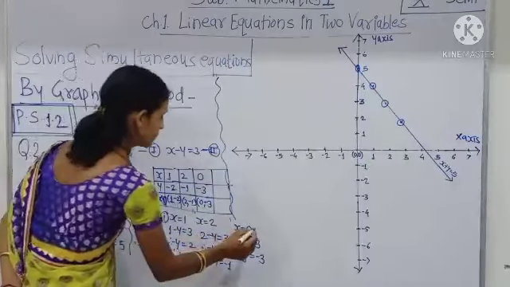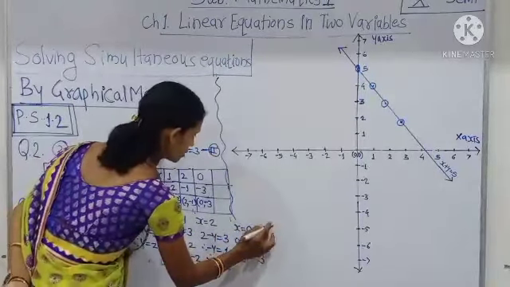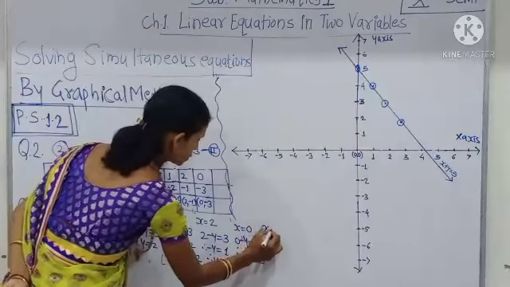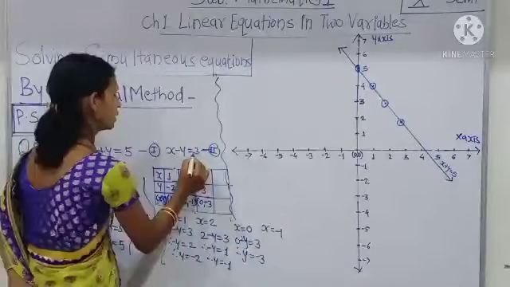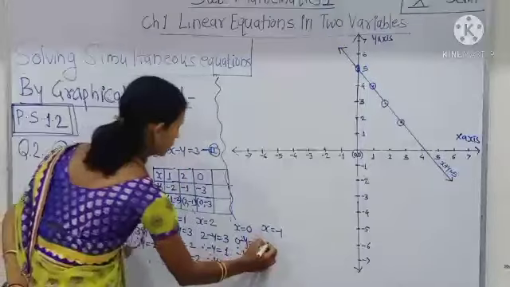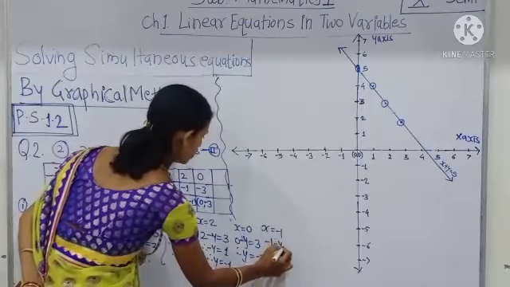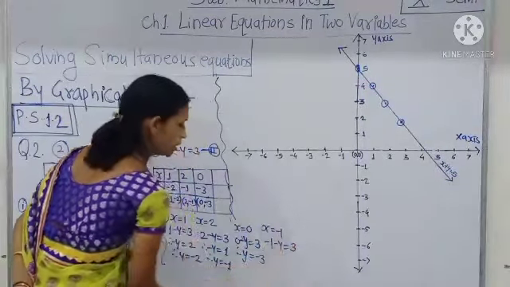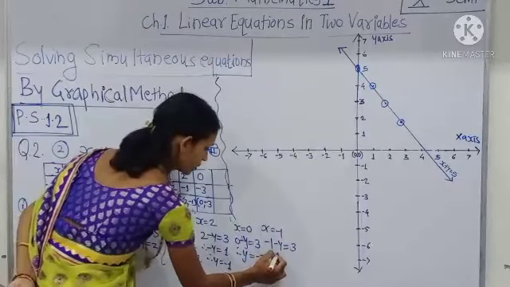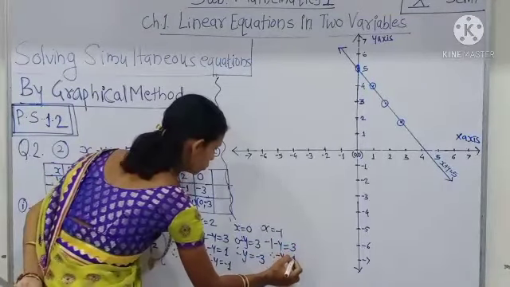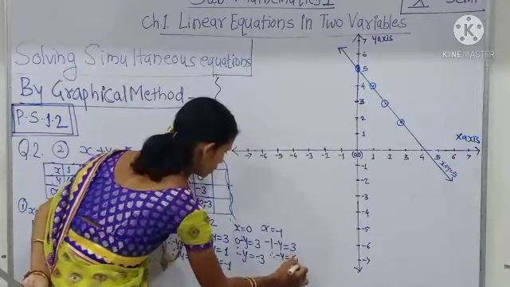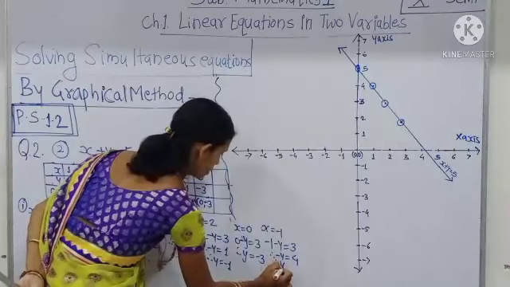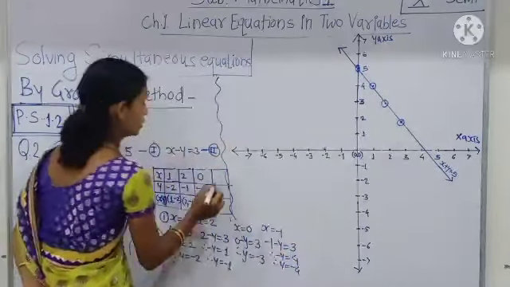Similarly, if x is equals to minus 1, then minus 1 minus y is equals to 3. Therefore minus y is equals to 3 plus 1, that is 4. Therefore y is equals to minus 4.